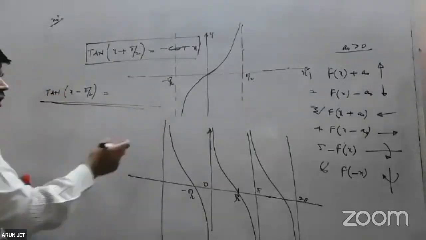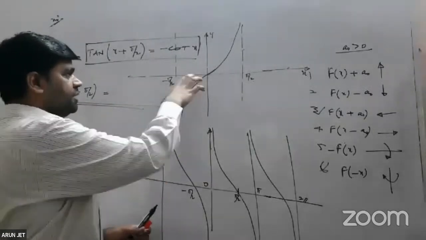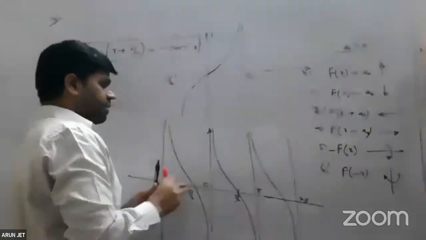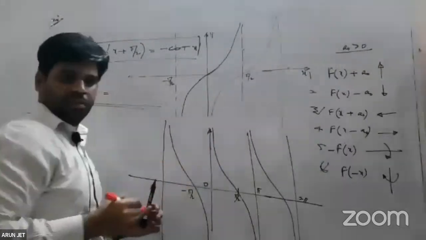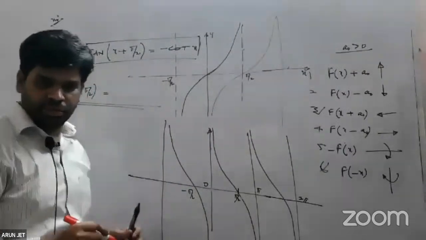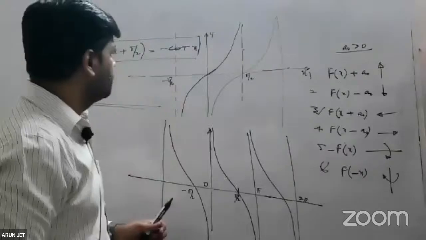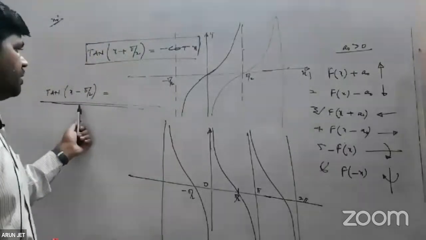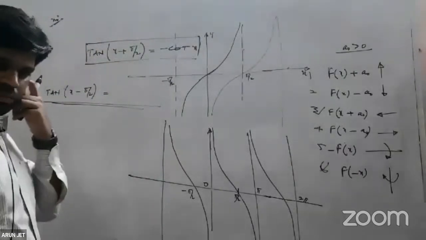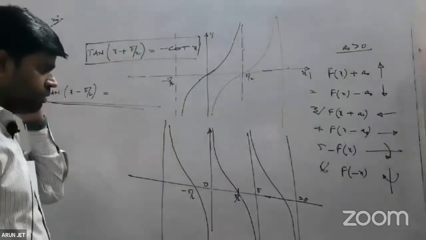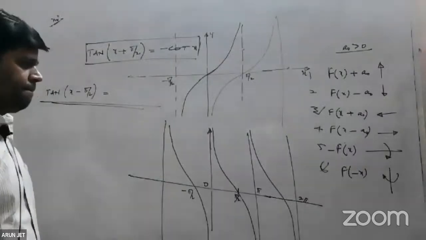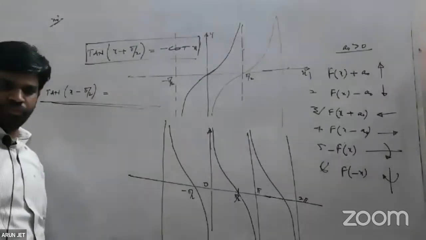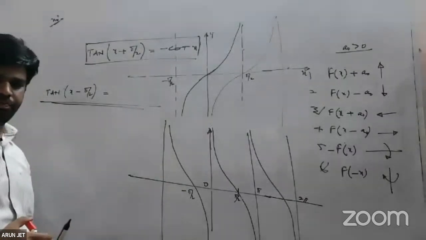Since it is x minus pi by 2, this is shifted towards right by pi by 2. I get this. You get minus cot, look. What is tan of x minus pi by 2?